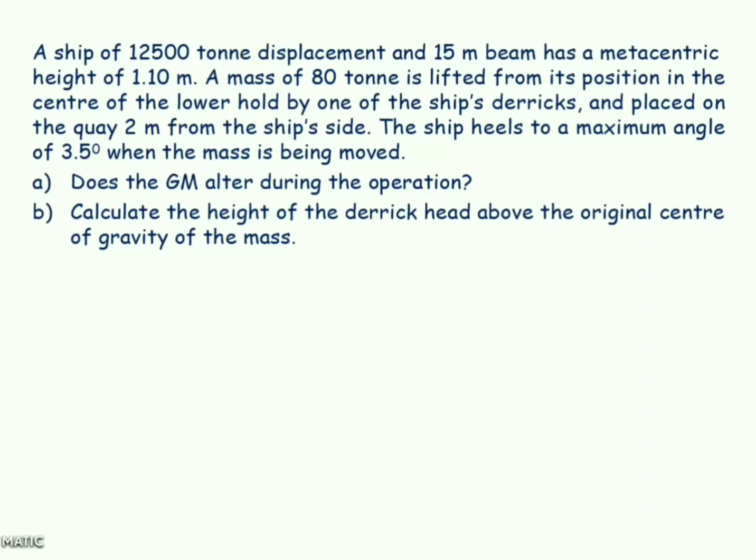The ship heels to a maximum angle of 3.5 degrees when the mass is being moved. Part A is asking: does the GM, that is metacentric height, alter during the operation? Part B: calculate the height of the derrick head above the original center of gravity of the mass.